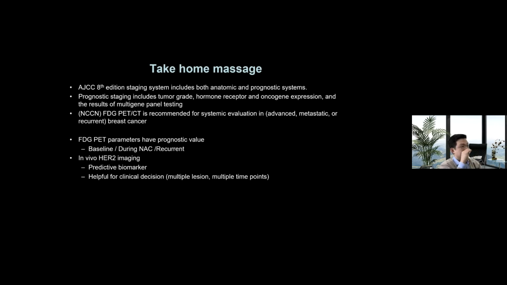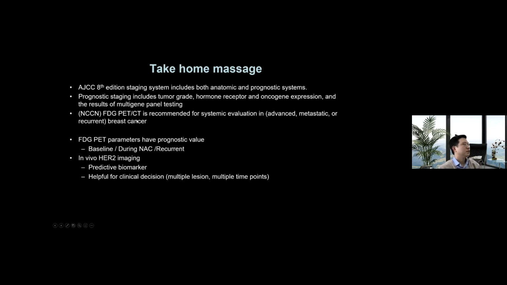And these are the take-home messages for the whole story in today's lecture. Firstly, I explained that there are two different staging systems, anatomic and prognostic, in the 8th edition in breast cancer. And prognostic staging includes tumor grade, hormone receptor, and HER2 expression, and multi-gene panel testing.